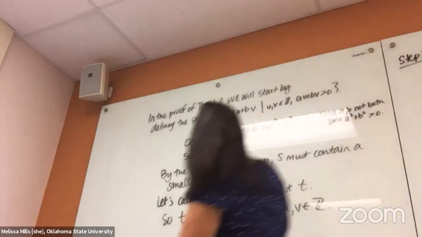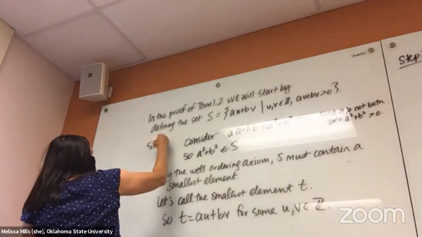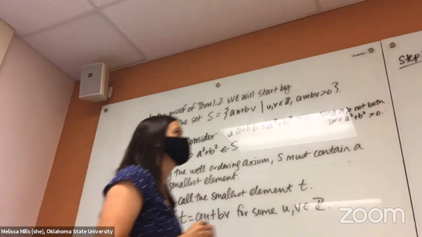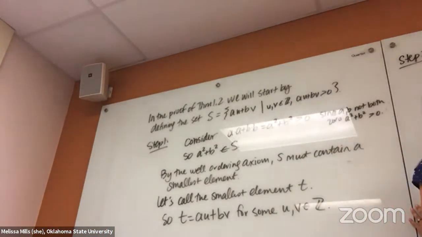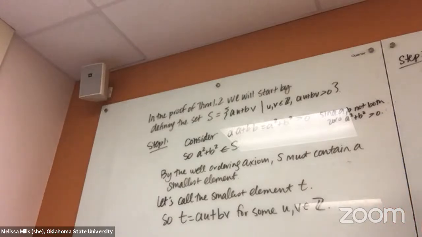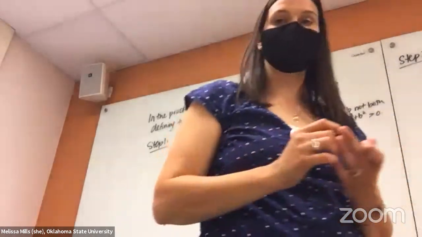Step 1, we constructed that set and showed it was non-empty. Step 2, we want to show that T divides A and T divides B, and if C divides A and C divides B, then C is less than or equal to T. That's what we want to show next time.